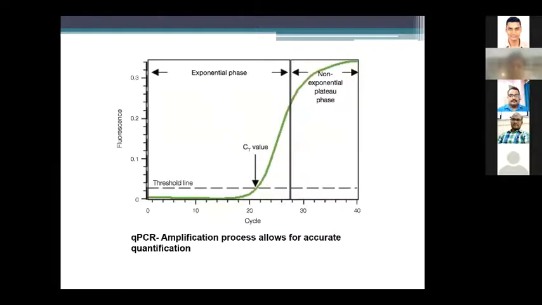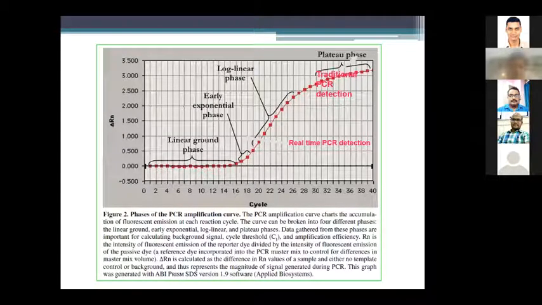So in qPCR the amplification process allows accurate quantification. This real-time PCR has four phases. The PCR reaction curve has a linear phase, early exponential phase, log phase, and the plateau phase.